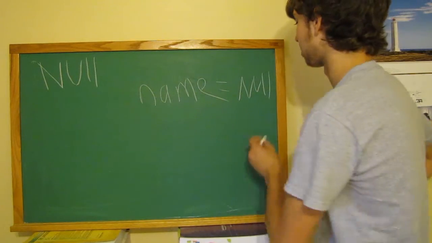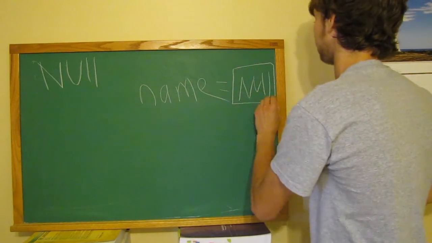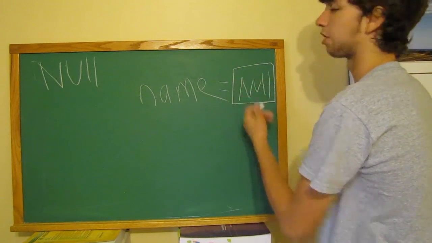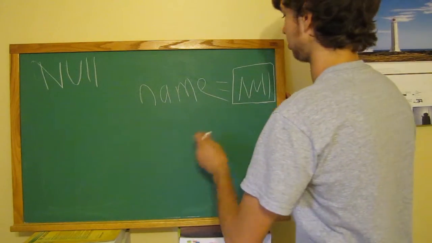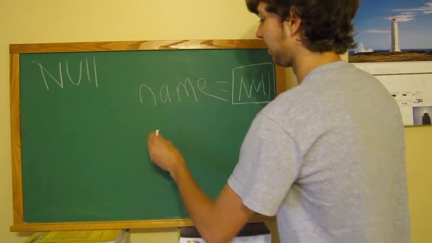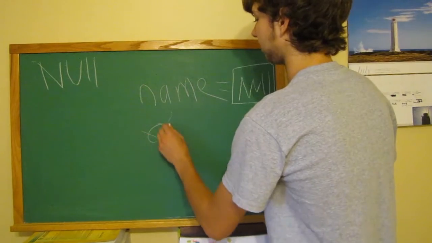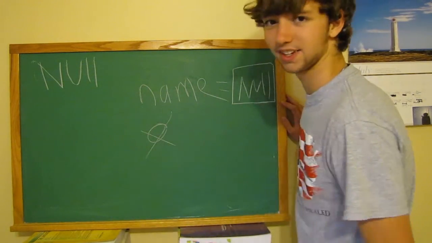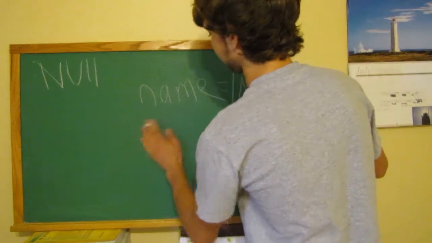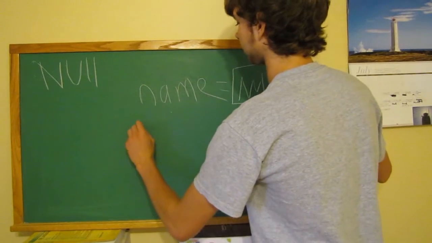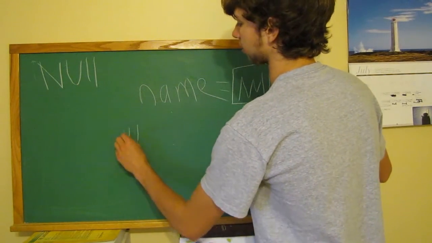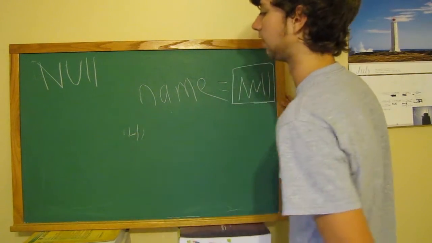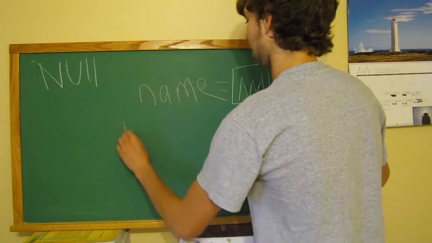And it will actually say null. So this is what will be entered. Null. And this is not a word. You can't change it. It's nothing. It's not 0. It's null. It's kind of confusing, but you'll get used to it. And it's not a blank string. So it's not like these are quotation marks, and there's just nothing there. It is null.